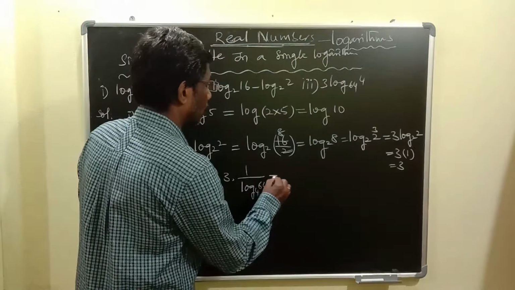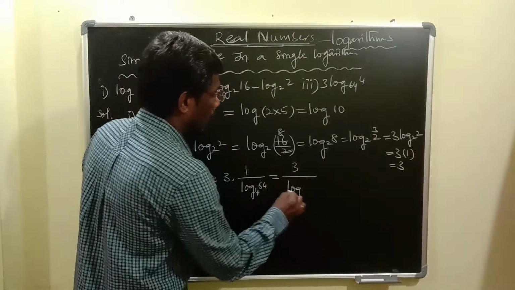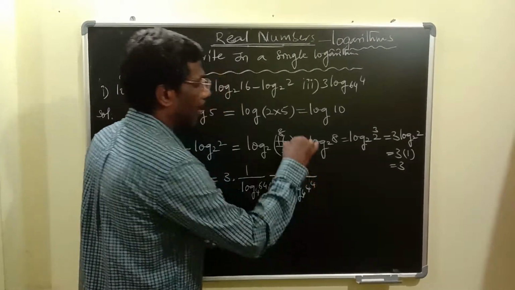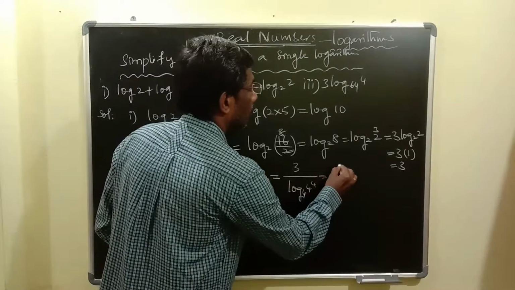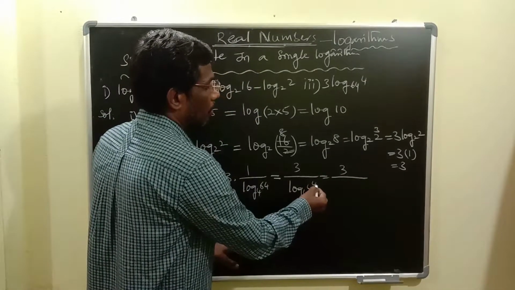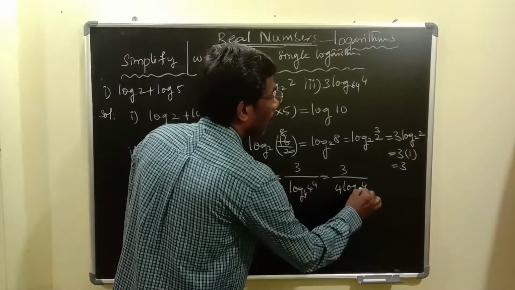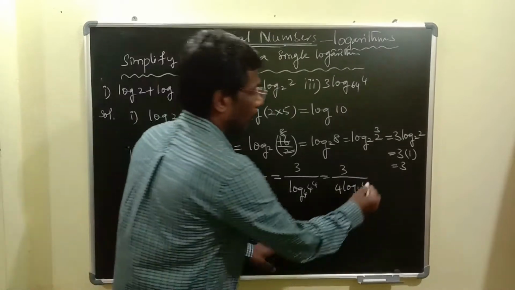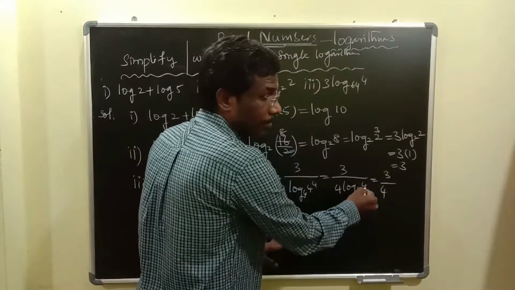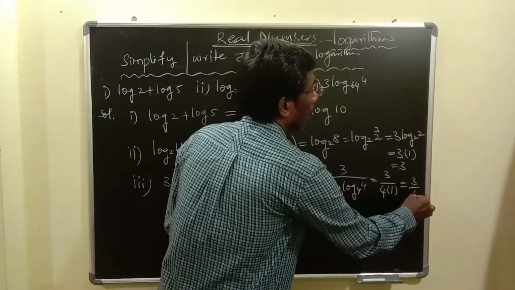So it equals 3 ones are 3 by log, and this 64 can be written as 4 power 3, with base 4. If we apply the power rule, the power comes to the front, 3 base 4. So it equals 3 by 3, and since the power and base are the same, its value is 1, which equals 3 by 3.